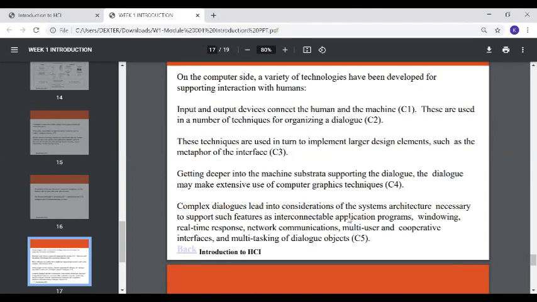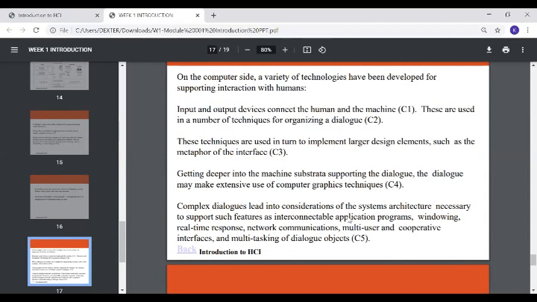These techniques are used in turn to implement larger design elements such as the metaphor of the interface. Getting deeper into the machine substrata, supporting the dialogue may make extensive use of computer graphics techniques.